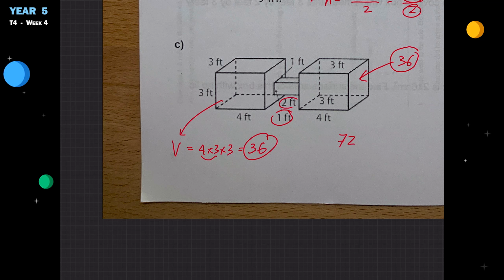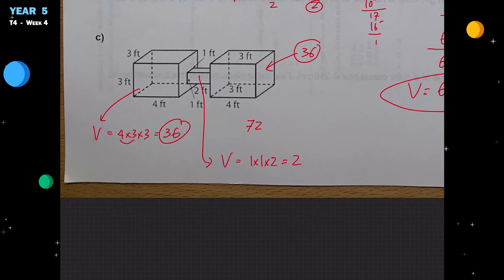And it looks like this 2 refers to this length here. So the volume of this piece is 1 times 1 times 2, which is just 2. So together we have 72 plus the last piece in the middle, so you get 74 feet cubed. There's the volume.